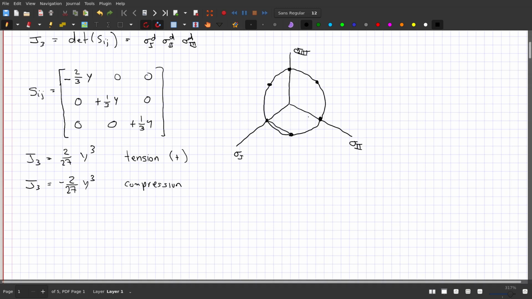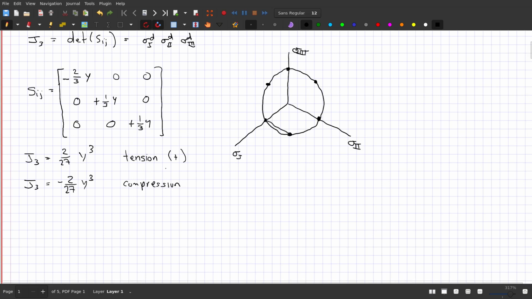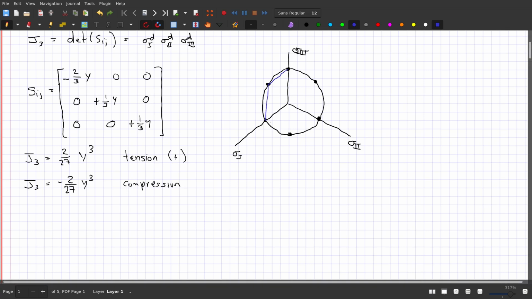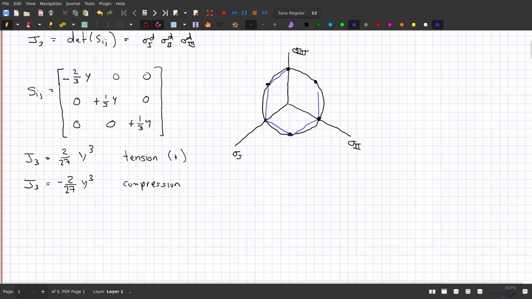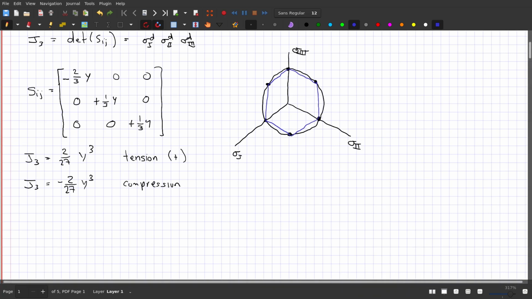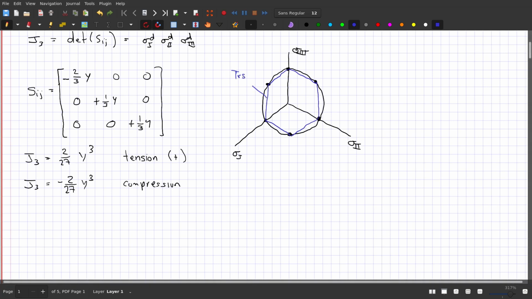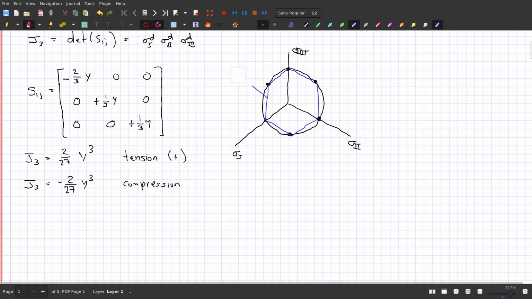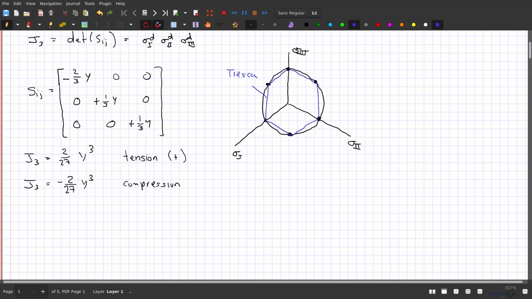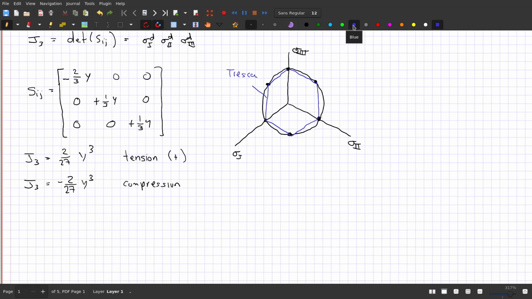But is actually, I'll draw it in a different color, it's actually this blue line. Like that. So this is Tresca. And so it's close to the J2 yield surface, but not exact.